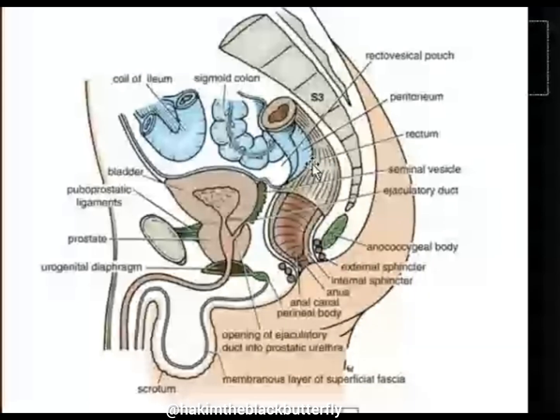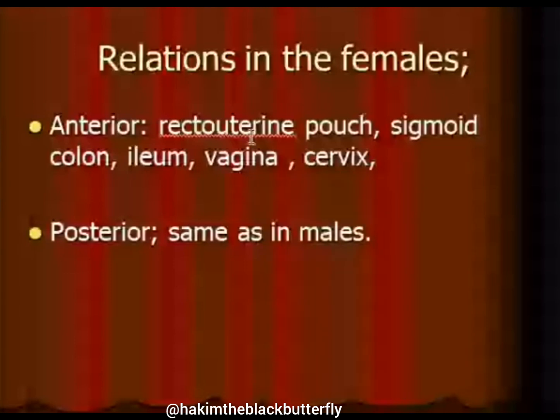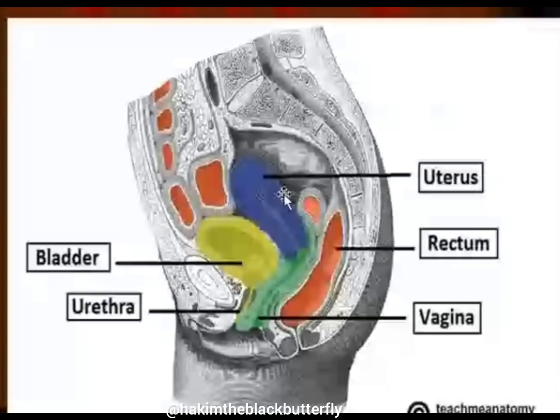What is anterior to the rectum in females? The rectouterine pouch or pouch of Douglas, the sigmoid colon, the ileum, vagina, and the cervix. So this is our rectum in females. So we have this pouch of Douglas or rectouterine pouch.